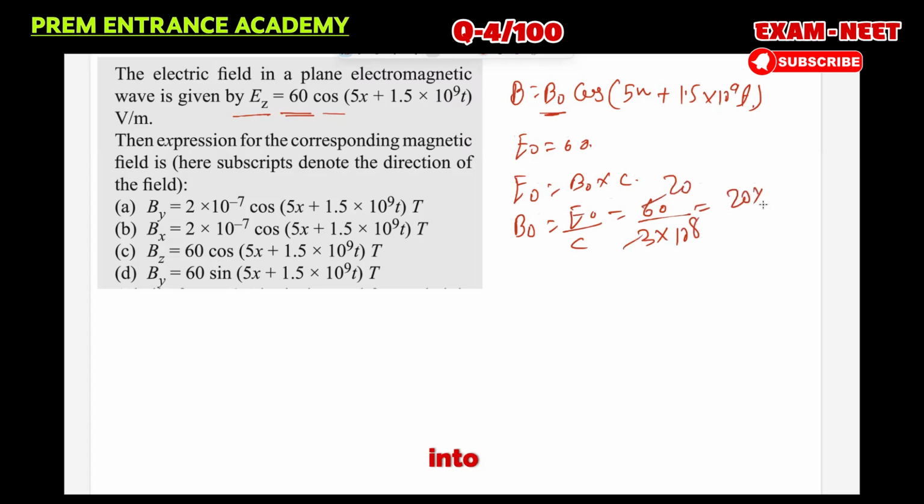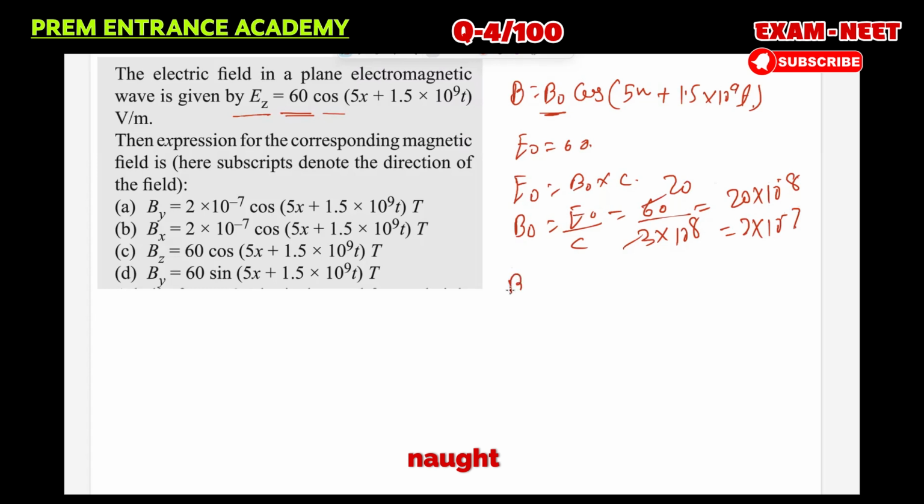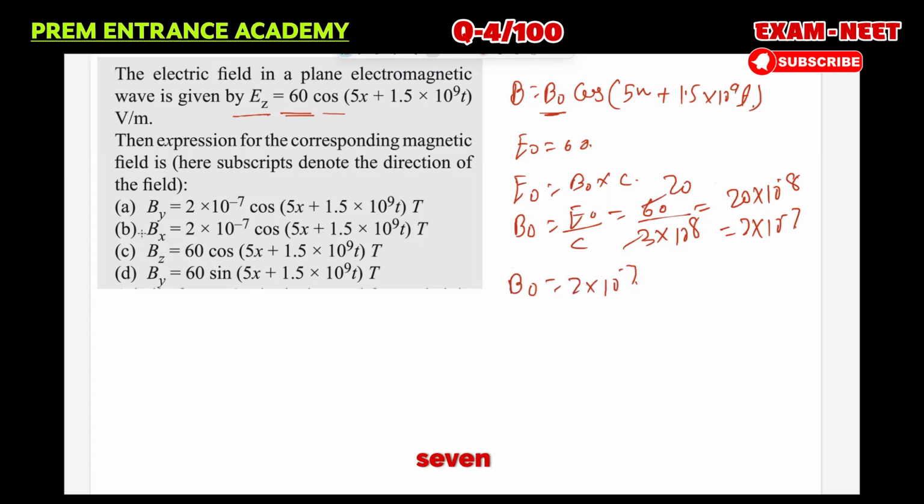So 20 × 10^-8, that is 2 × 10^-7. So B naught is 2 × 10^-7. As per the options, you have two options, A and B, which correspond to this value. So either A or B.